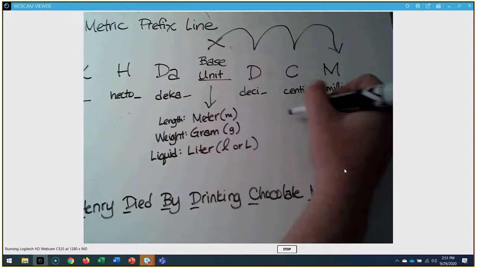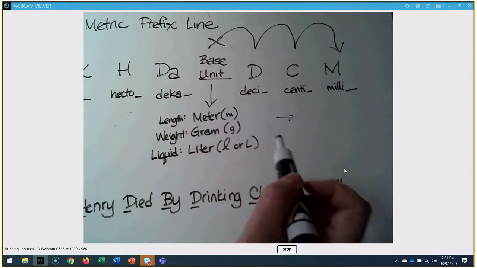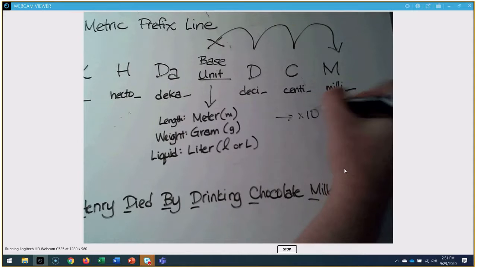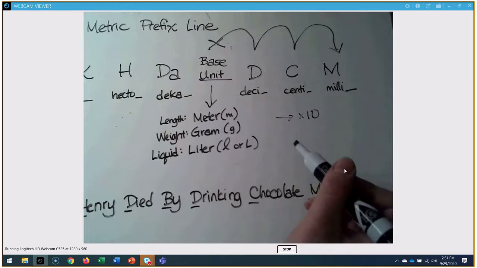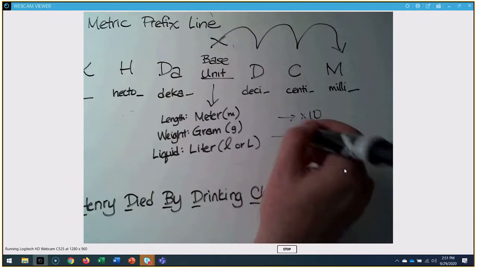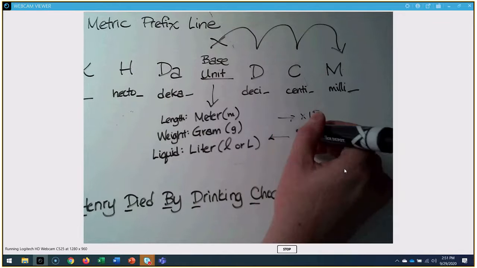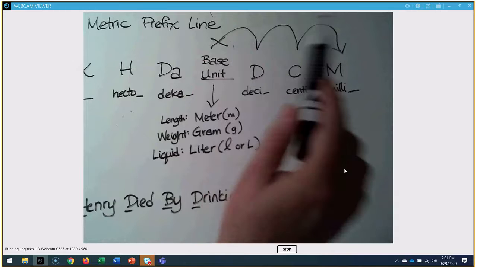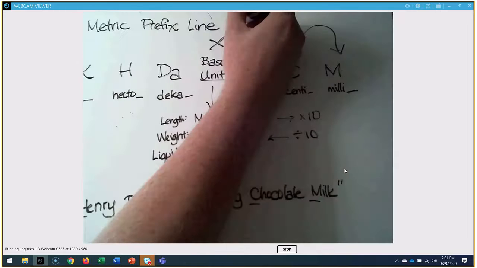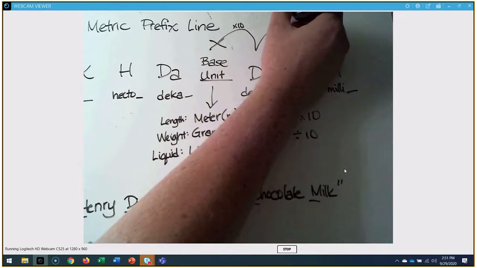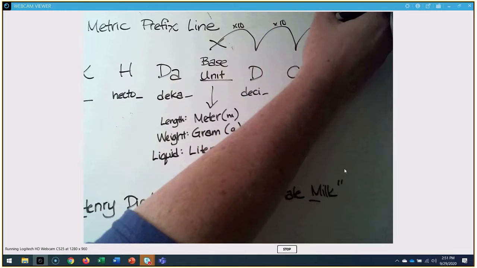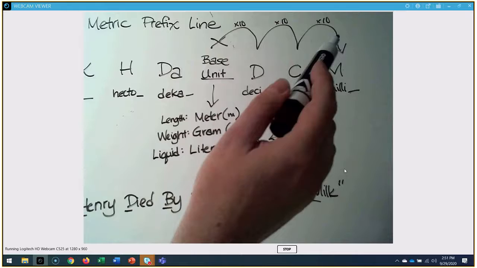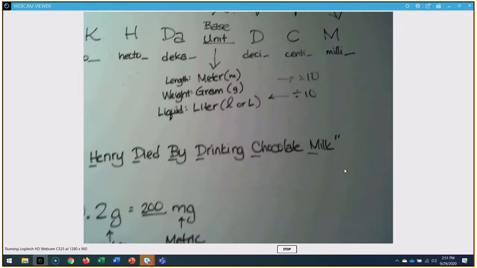Every move to the right on this prefix line is like multiplying by 10. And every move to the left is like dividing by 10. So if we move 3 times to the right, we're multiplying by 10 3 times. So 10 times 10 times 10 is 1,000.